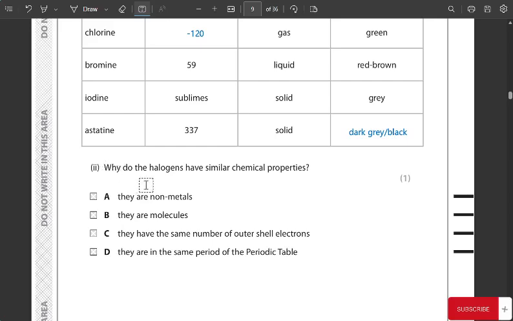And the next one: why do the halogens have similar chemical properties? We can separate the atoms into groups by counting their outermost electrons, and it is written in the IGCSE book that there is the same number of outer shell electrons in all halogen atoms, and they have answered C. They have the same number of outer shell electrons.